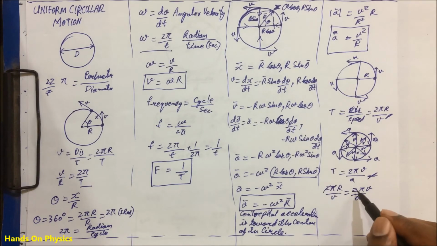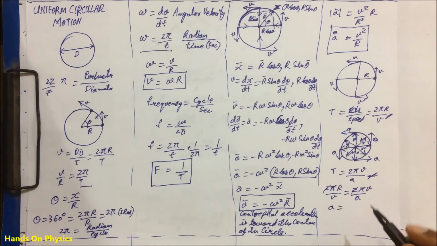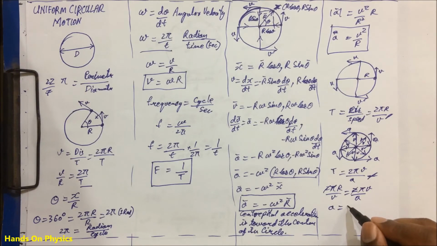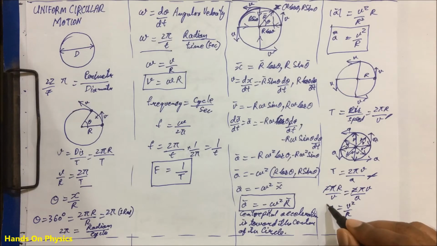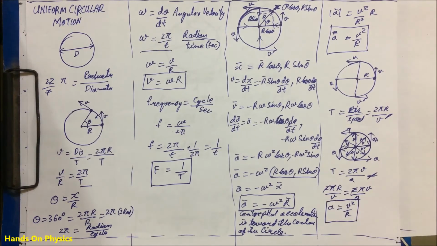From here 2 pi gets cancelled, and you get acceleration is equal to v square by r.